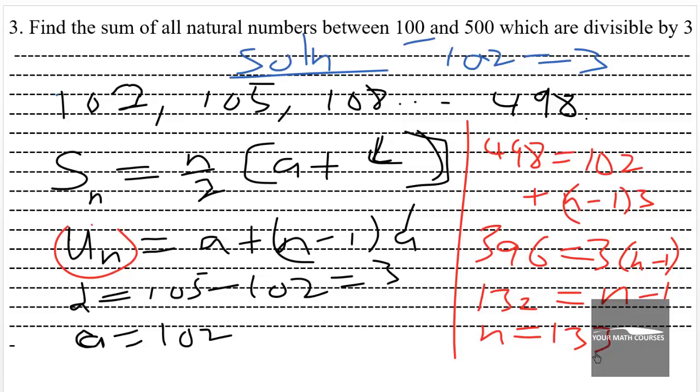So we can now proceed to find the sum of all the terms from 102 to 498 with an interval of 3. We are going to substitute 133 here, then 102 here, then 498 here.